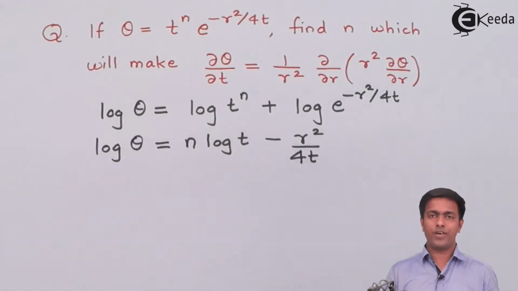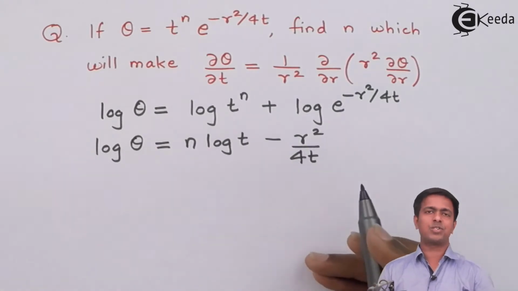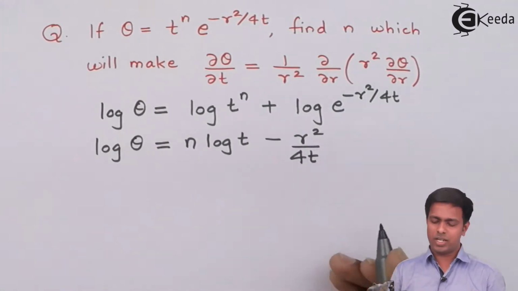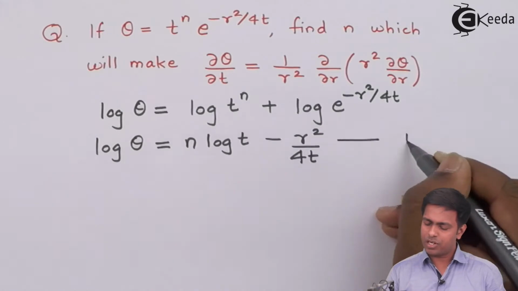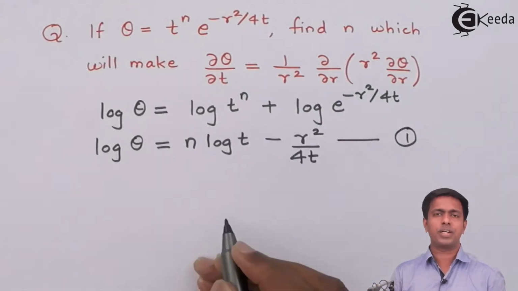Now since I want the value of del theta by del t, I'll be differentiating this whole equation with respect to t partially. So I'll call this equation number 1, and now we'll differentiate equation number 1 partially with respect to t.